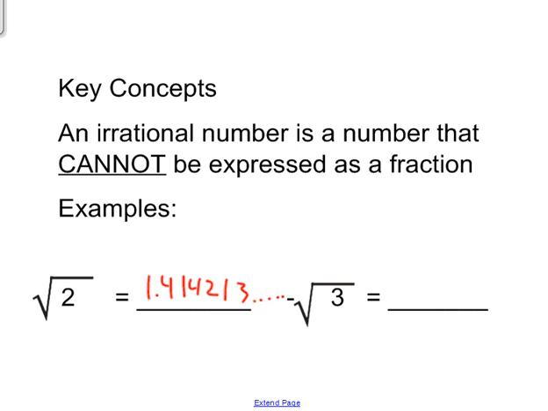It's a non-terminating, non-repeating decimal, and it therefore is irrational. The square root of 3, if we take 3 and take the square root of that, we get a number like 1.73205, and so on. Again, a non-terminating, non-repeating decimal, so that is irrational.